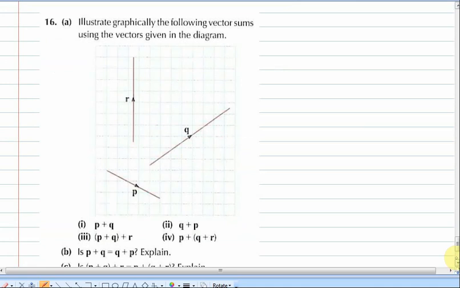So at the head of P I will make the vector Q, right? Let's suppose 1, 2, 3, 4, 5, 6, 7, 8 approximately. That means the vector Q, parallel to the given vector, should look like this, right?